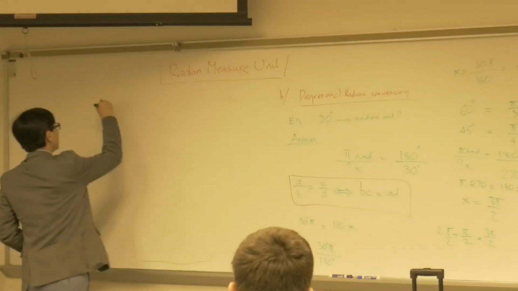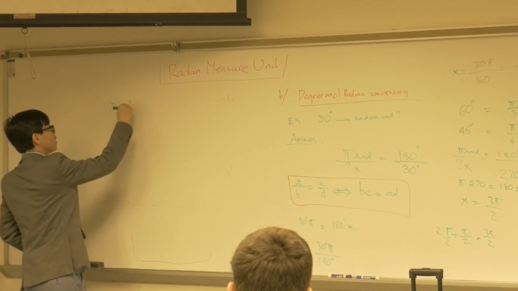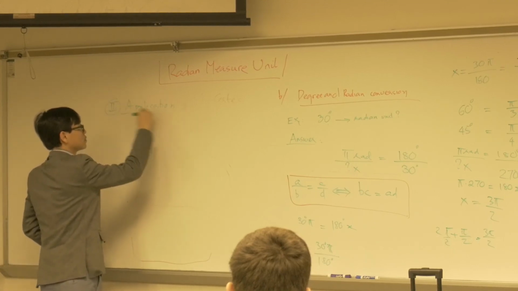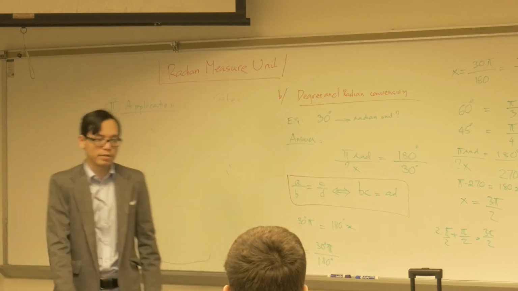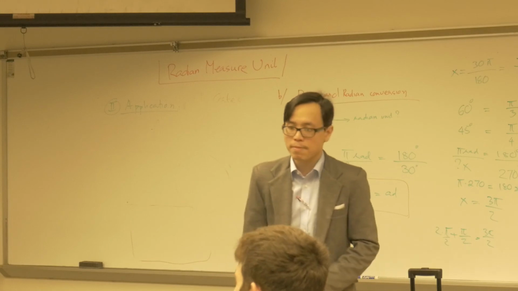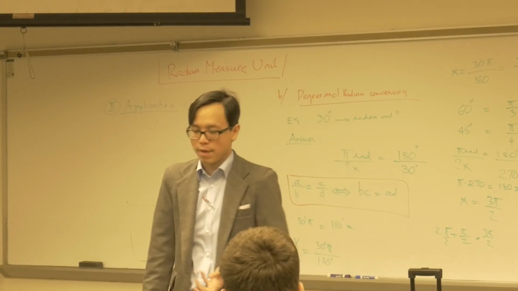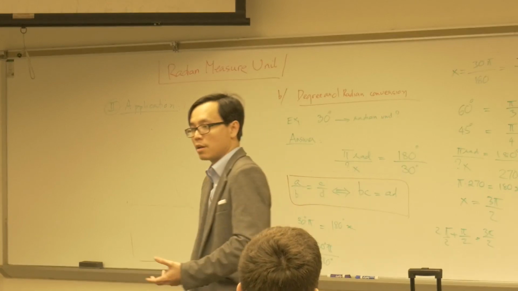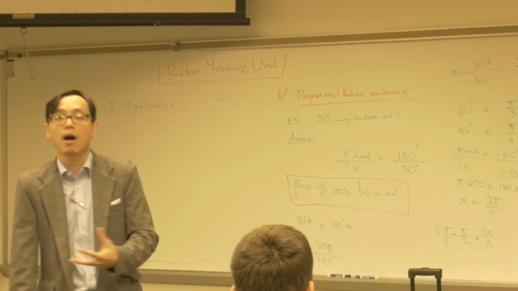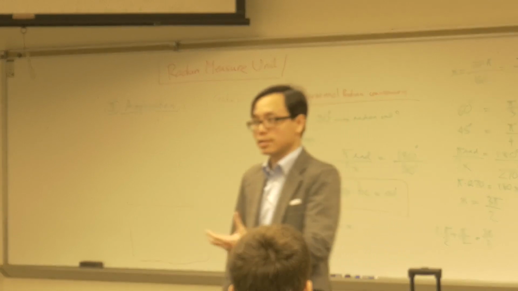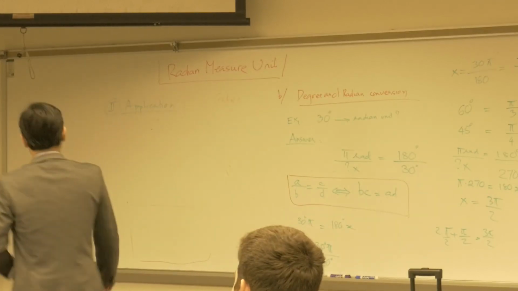So you see that radian measure is related to the arc and the central angle. With the radian unit, we can calculate the length of the arc of the circle, given the central angle, using this formula.